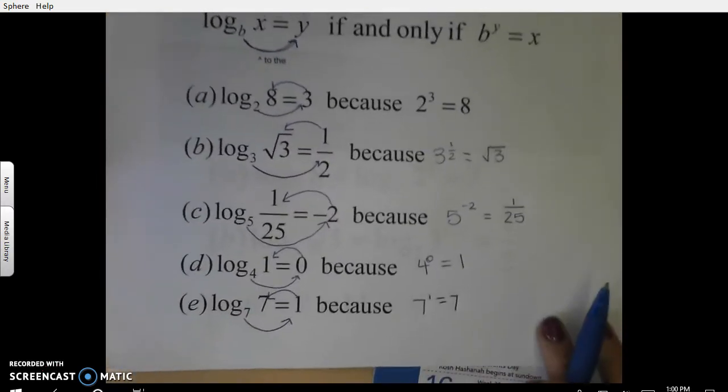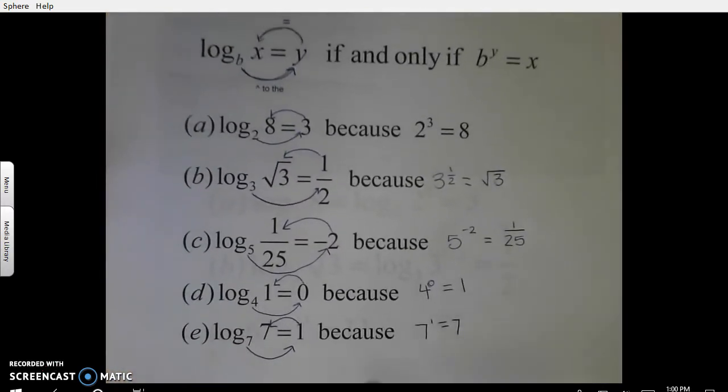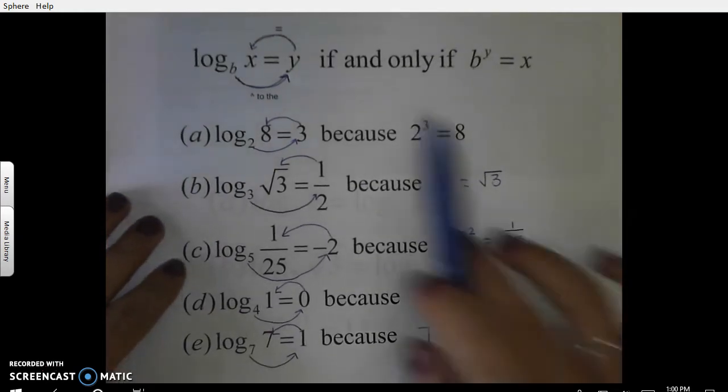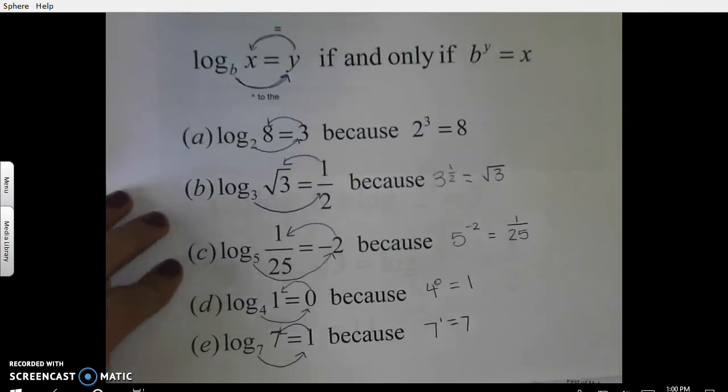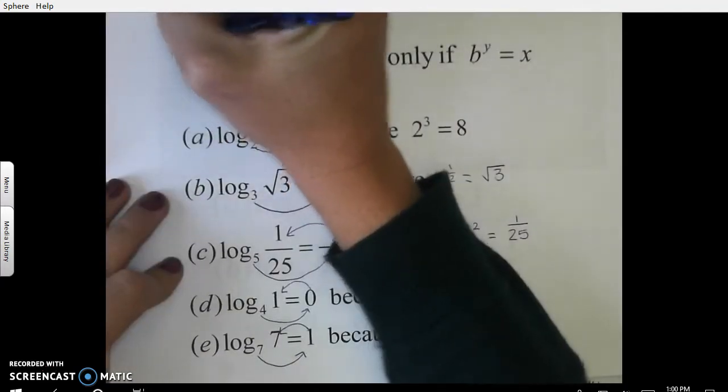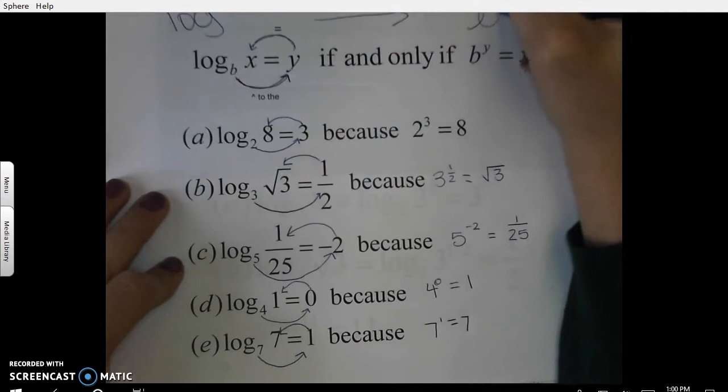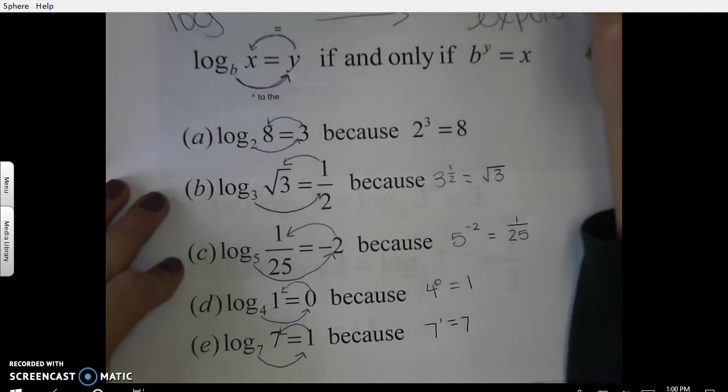If you draw out the circle, you should very easily be able to translate from logarithmic to exponential.